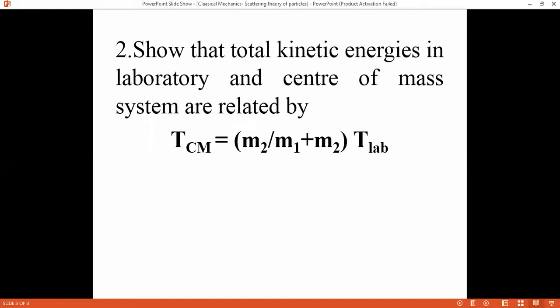You just remember the quantities in laboratory frame. You can write that in terms of u1, u2 or v1, v2. In center of mass frame, you can write u1 dash, u2 dash, v1 dash, v2 dash.